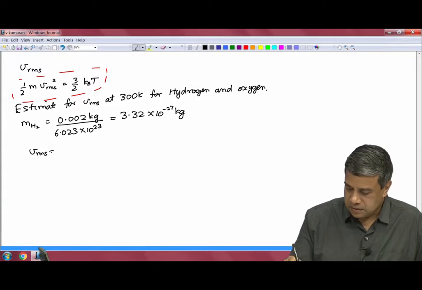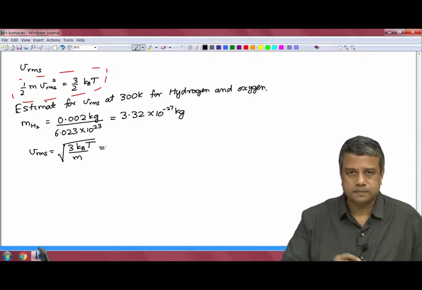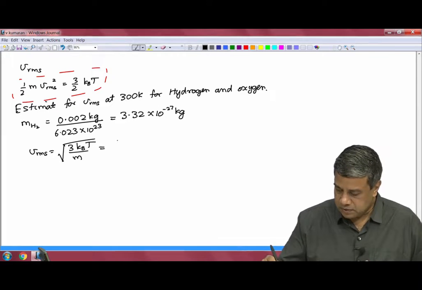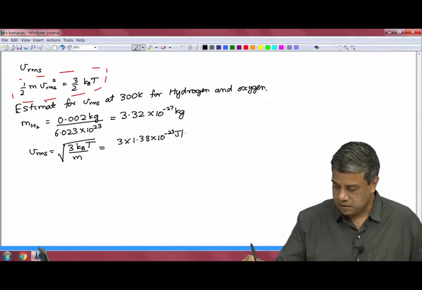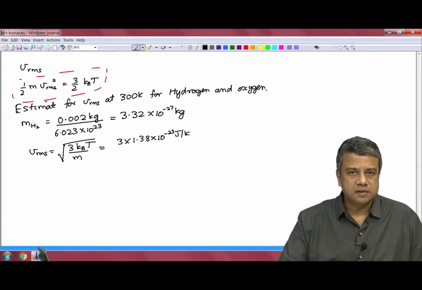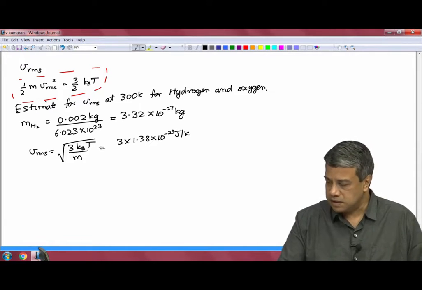Vrms is equal to the square root of 3 kBT by m, which is 3 into the Boltzmann constant 1.38 into 10 power minus 23 joules per Kelvin. In this case, we will use Kelvin because in kinetic theory calculations one has to use the absolute temperature. The temperature in thermodynamics in equipartition of energy is the absolute temperature.